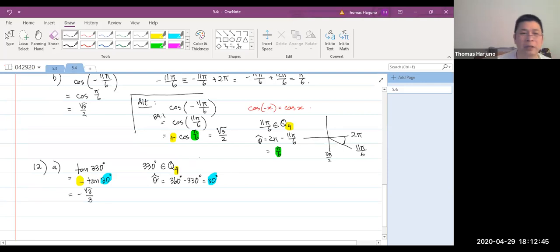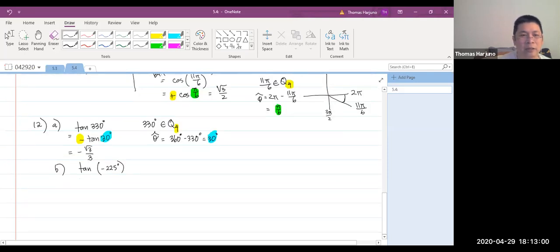How about 12B? Tangent of negative 225 degrees. How to deal with negative angles? Let me add first the coterminal 225 degrees.